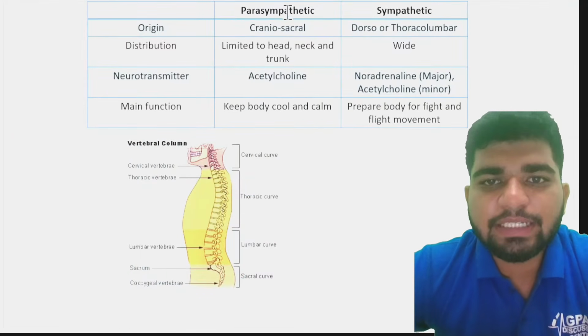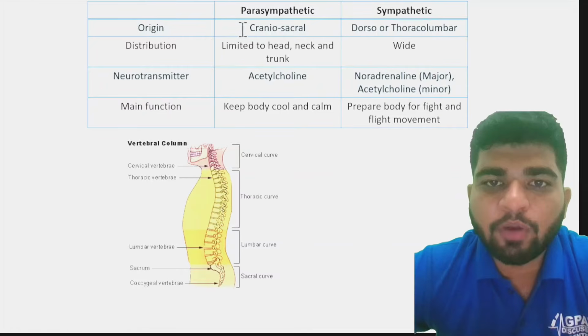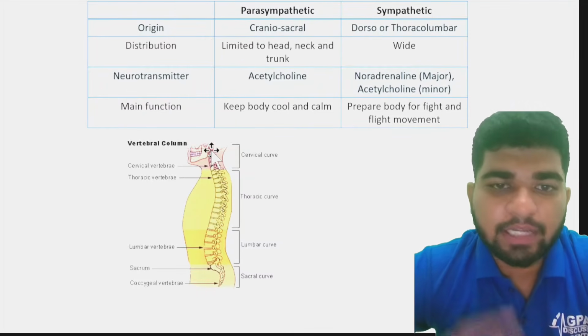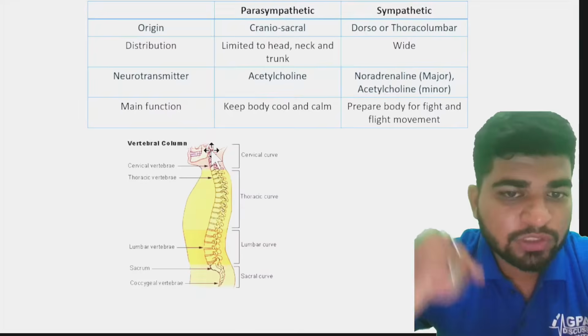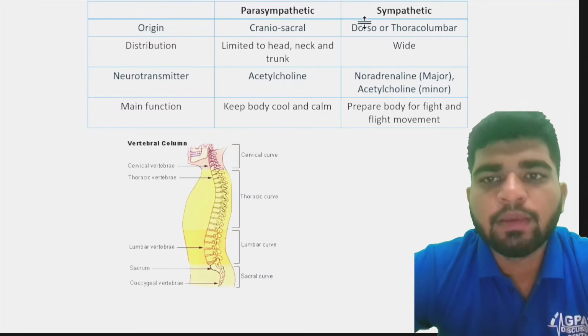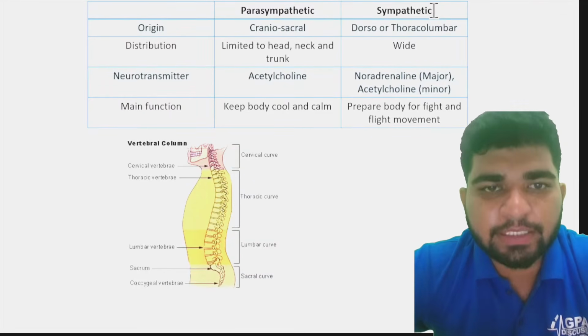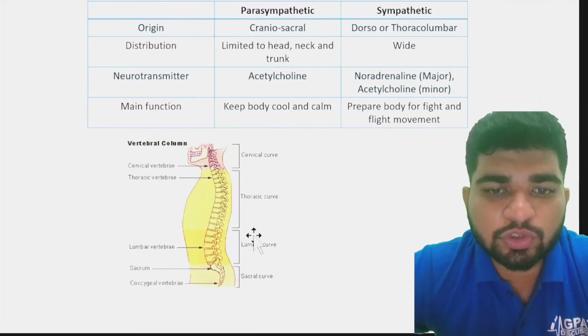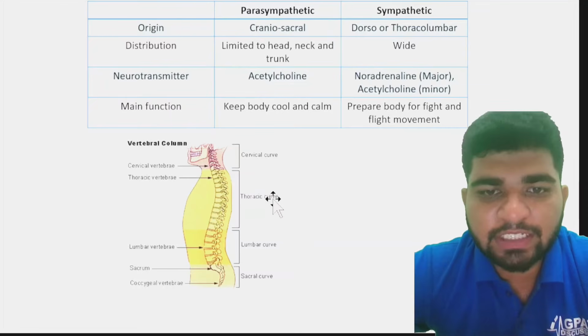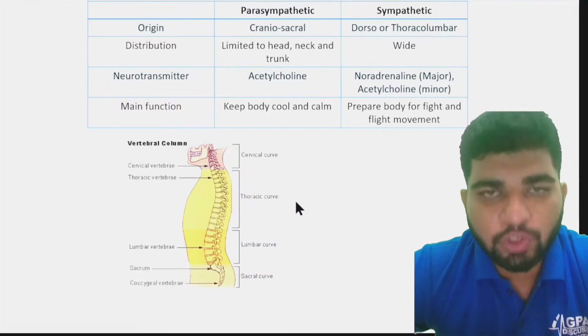The parasympathetic originates from the craniosacral part: the cranium part, and then goes around the sacral curve, the sacrum part. If we talk about the sympathetic, the origin comes from the dorso, that is thoracolumbar. The thoracic curve is also known as the dorso curve.